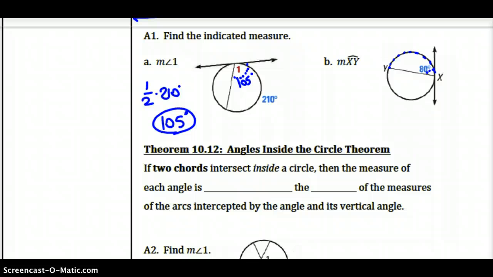This is half of what it is. So I'm going to go ahead and take 2 times 80 equals 160. Or we could say that the measure of arc xy is equal to 1/2, actually, never mind. We'll just kind of leave it at that.